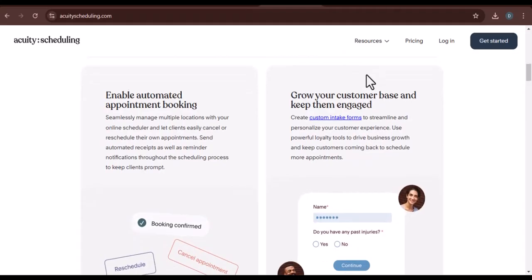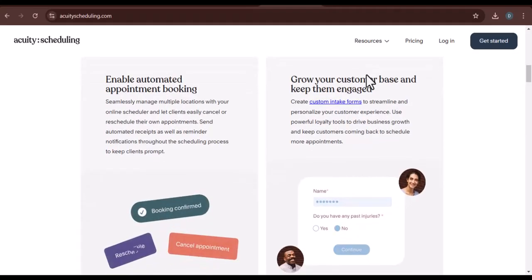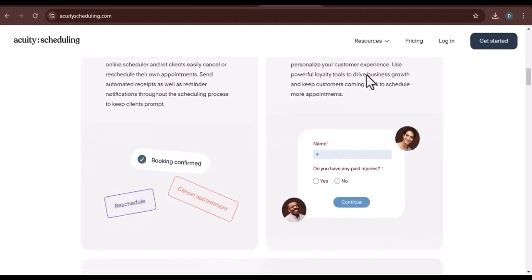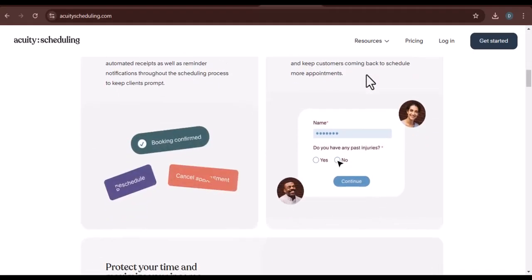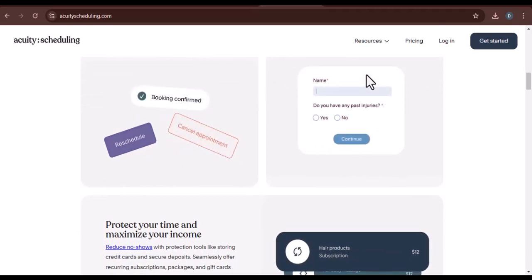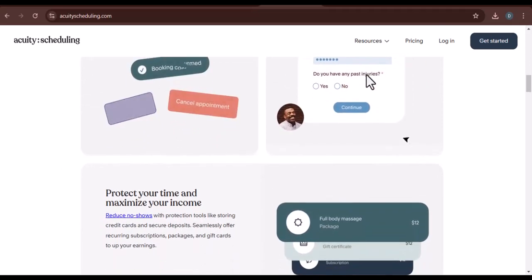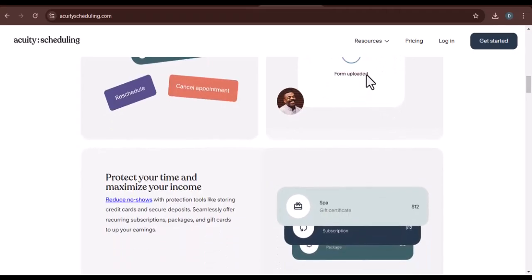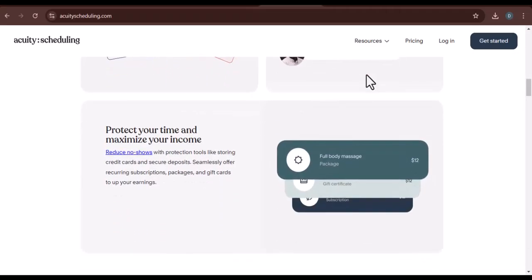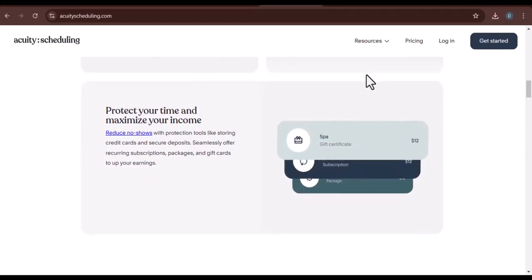Using the same $100 session example, if you're using PayPal through Acuity, the fee would be $3.49, 3.49% of $100, plus $0.49, totaling $3.98. You would receive $96.02. As you can see, in this specific example, PayPal's fees are slightly higher than Stripe's.